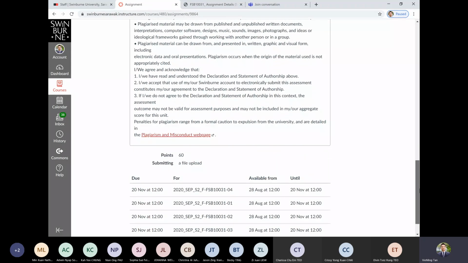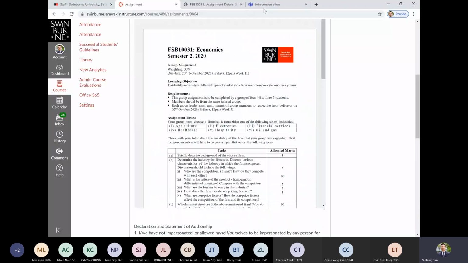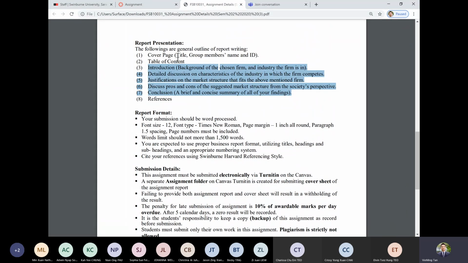So for your cover page, you just need something very simple with your title, group members' names and ID. This can be one page. Table of contents you can also put. This is not in the word count.